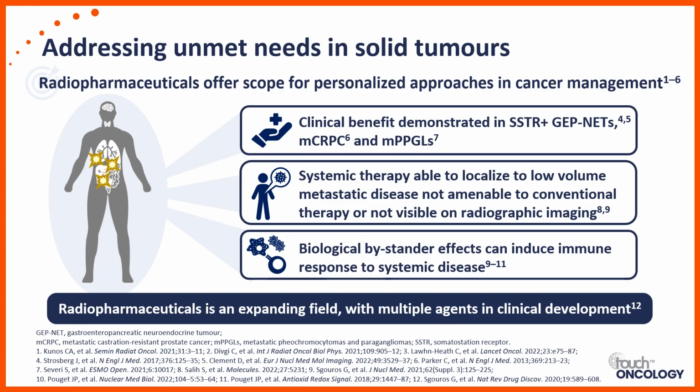In general, these compounds are well suited to metastatic tumors because they are a systemic therapy that can localize to small clusters of disease that are not necessarily visualized on radiographic imaging. Additionally, the range of the beta and alpha particles can be sufficient to induce an immune response to systemic disease in the body. Therefore, they are quite flexible in treating a wide range of solid tumors, particularly metastatic disease where a local definitive therapy is not a viable treatment approach.